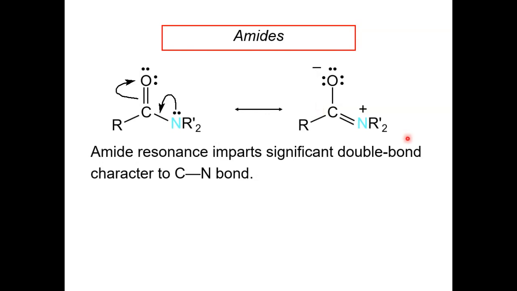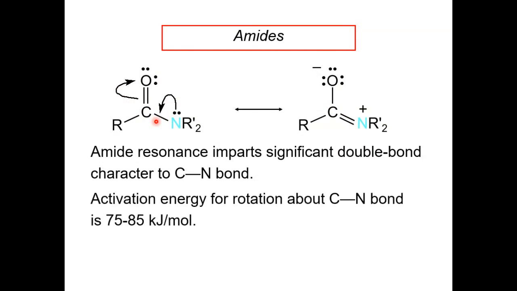Because of this, in amide this resonance form makes a much greater contribution than in ester. So actually in amide, this C-N bond has significant double bond character. If it were a pure C=N double bond, just like a C=C double bond, rotation would not be possible, because if you rotate a double bond, you have to break the pi component.